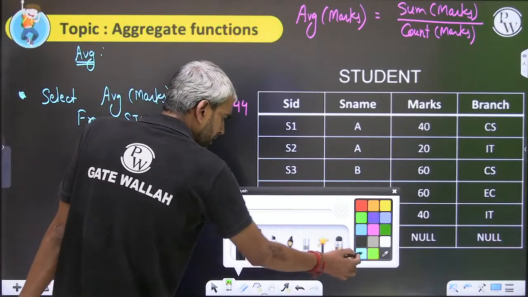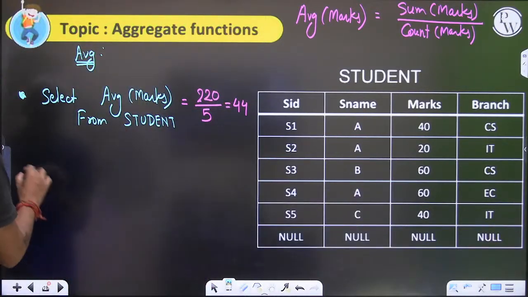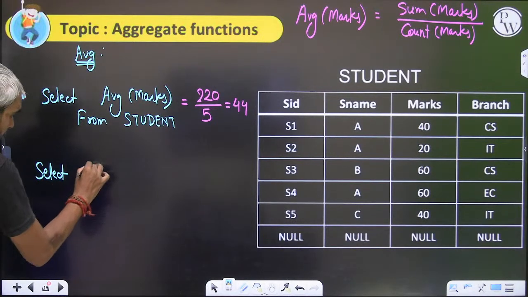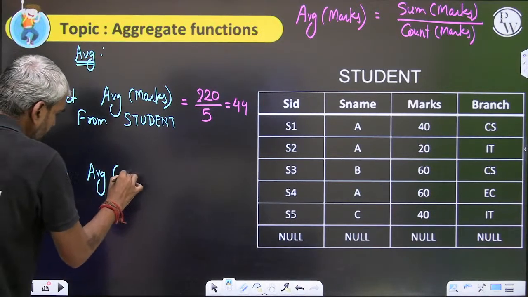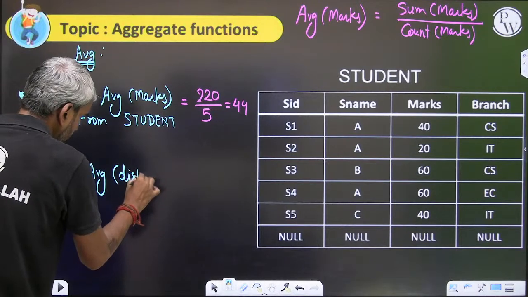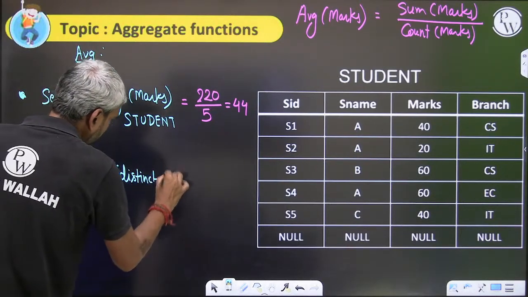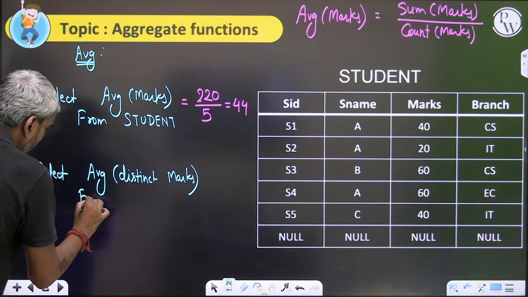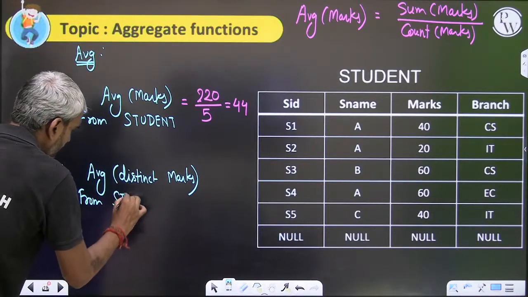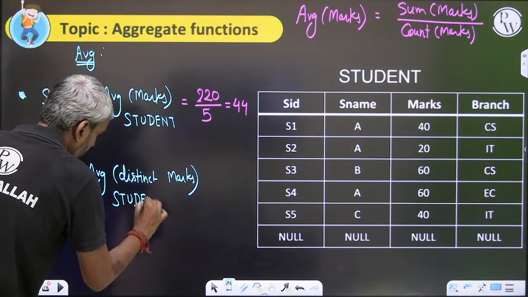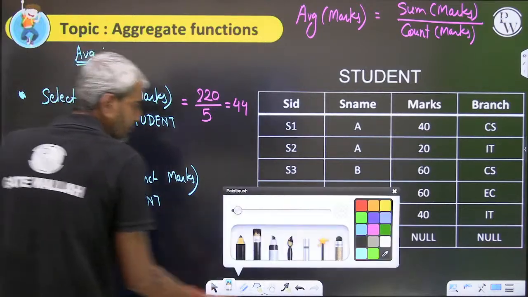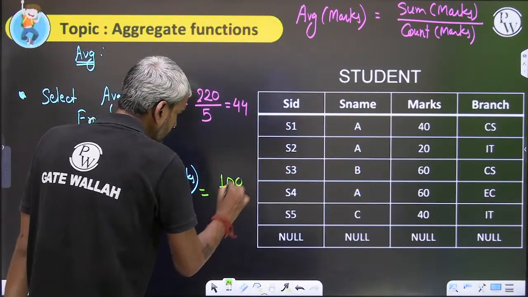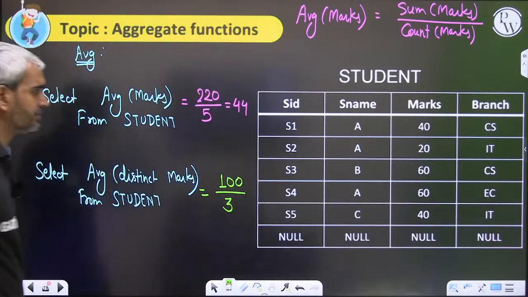Now I can also define the average of distinct marks. If I say select average of distinct marks from student, then what will the value be, sir? The summation of distinct marks is 100 and it will be divided by 3.